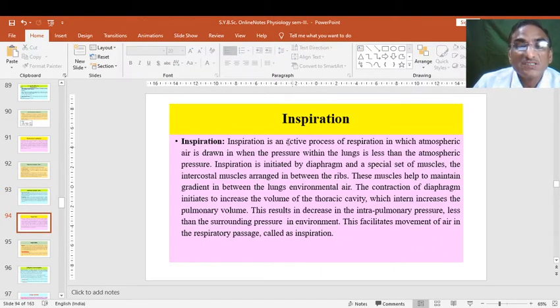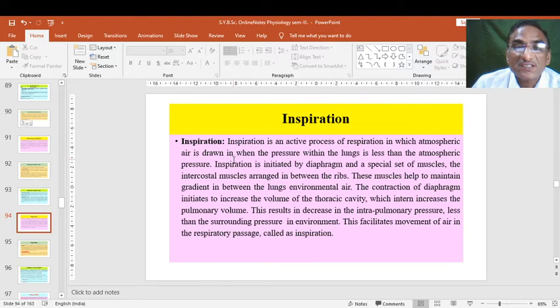Now we will see in detail the inspiration and expiration. Both activities are different, and they are carried out separately, alternately, one by one, and that ventilation exchanges the air in and out of the body. Now inspiration.